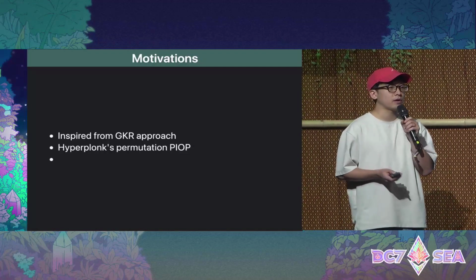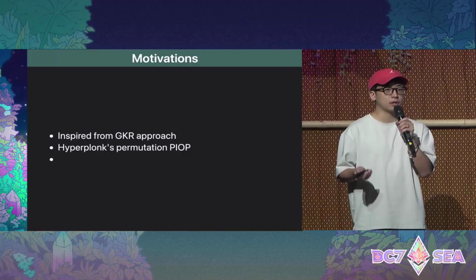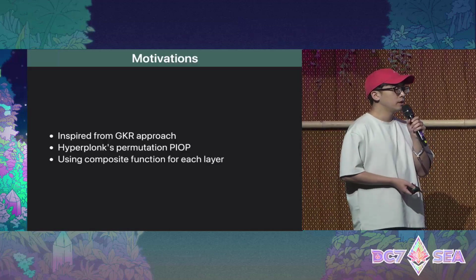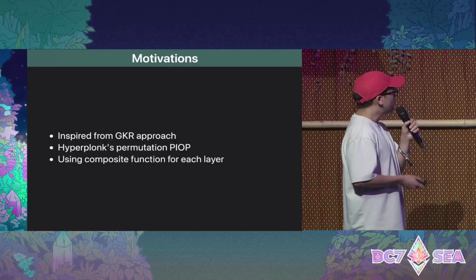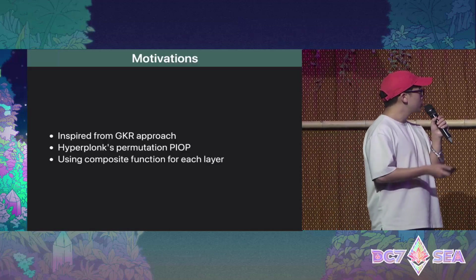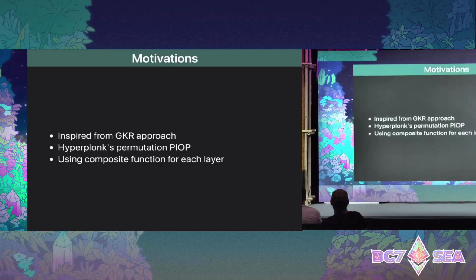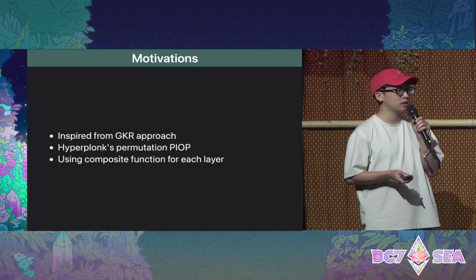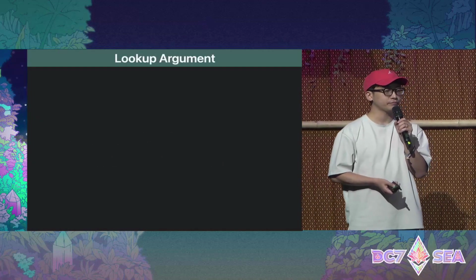It was very inspiring for me to think about the lookup argument using that. So we use a composite function, just like in GKR's layers. Actually, in our case, we use only one layer, and we achieve O of log squared m time complexity.